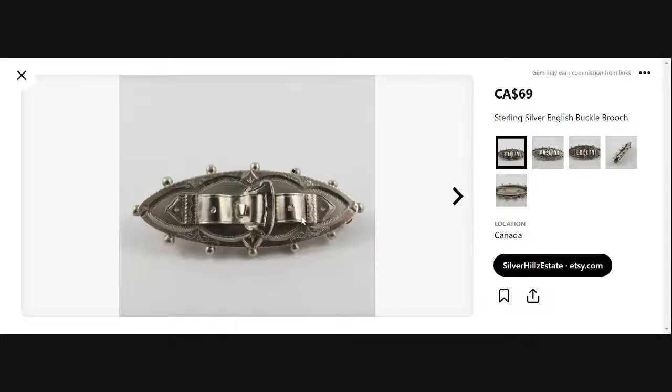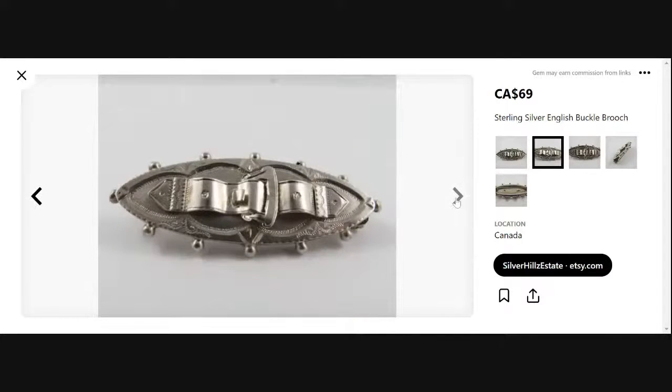At 69 Canadian dollars, we do have a wonderful buckle motif. It is in sterling silver. It is located in Canada, which I love. However, I do find that this little tab that usually leans all the way across the center is shorter than I would expect to see.